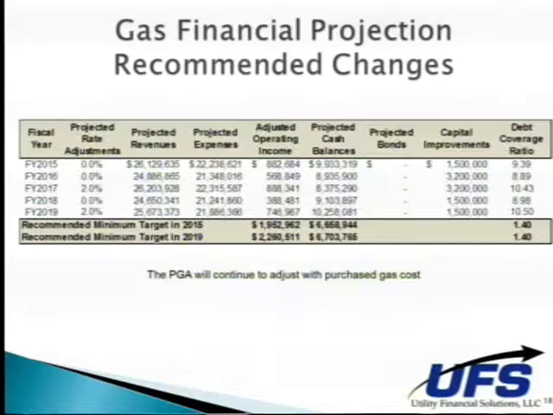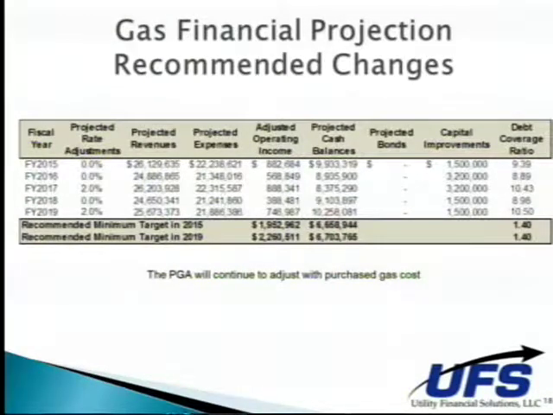And that's what that cash column is. That's what you recommend we should have, or that's an actual number there? That's an actual number that you're projected to have. Now, what we recommend you have is in that box at the bottom of the chart where it says recommended minimum target in 2015, recommended minimum target in 2019, and you can see that's about $6.7 million.